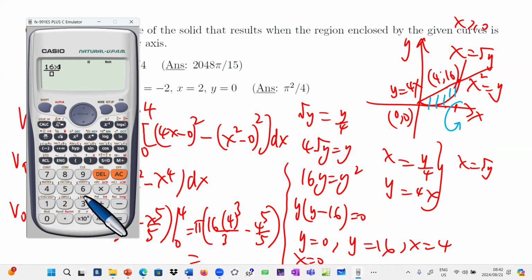So you're going to have 16 times 4 cubed divided by 3, minus 4 to the 5th power divided by 5.